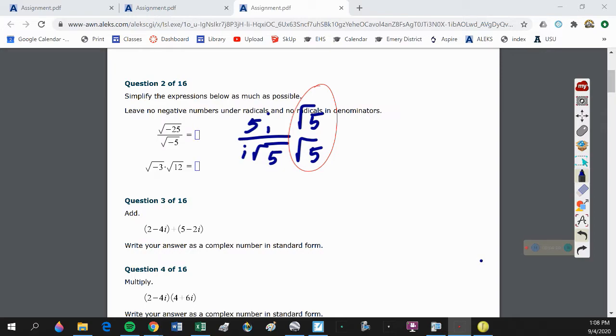So, this... Wait, what? Okay, so i cancels i, and square root cancels square root, so I get 5 root 5 over 5.